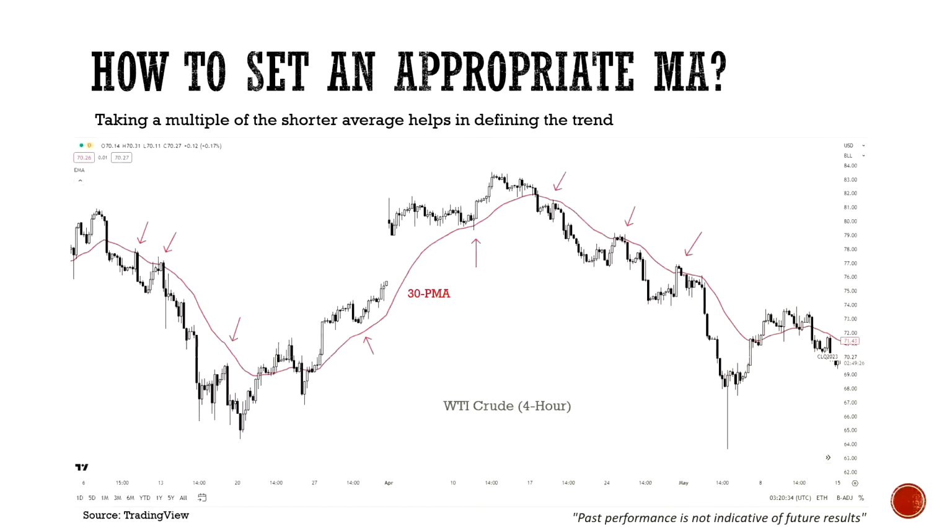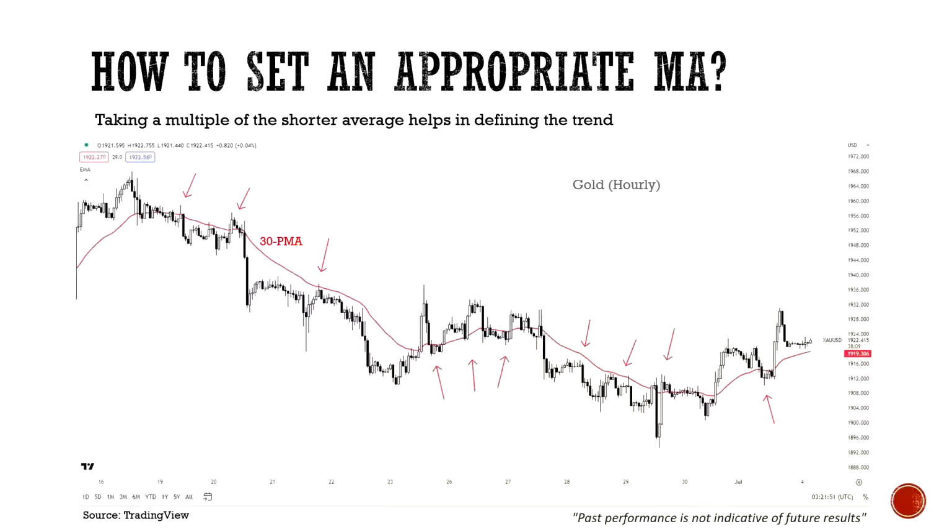Again, this is a 4-hourly chart, 30 period applied to 4-hourly. Notice how well these dips land right on that particular average itself, whether it's a corrective pullback or a rebound in a bear market. Boiling it down to hourly charts also, this is gold, and look at the hourly chart.